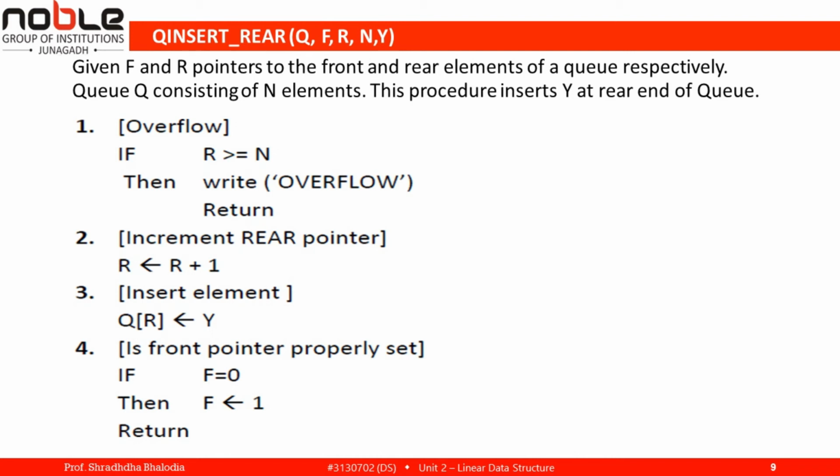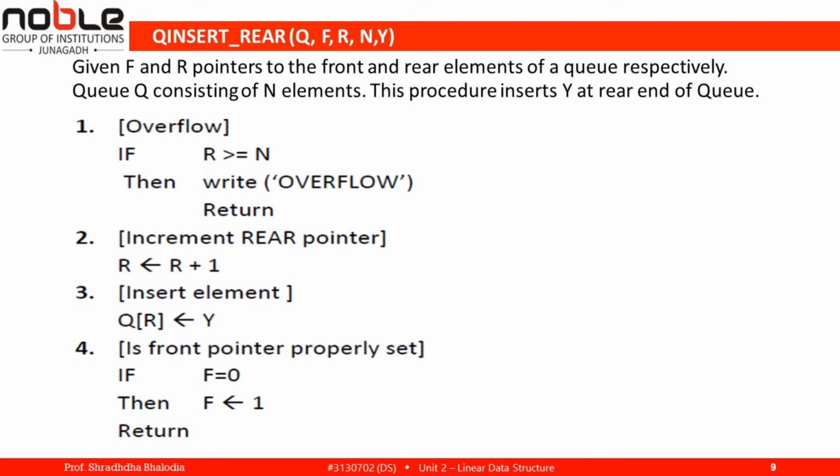Second one is the underflow condition: if front is equal to 0, then the queue is underflow. And third one is if front equal to rear, then the queue contains only one element. So there are three conditions to learn about insertion and deletion operations in a queue.